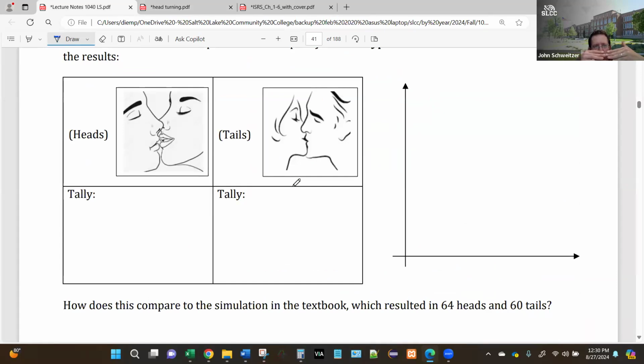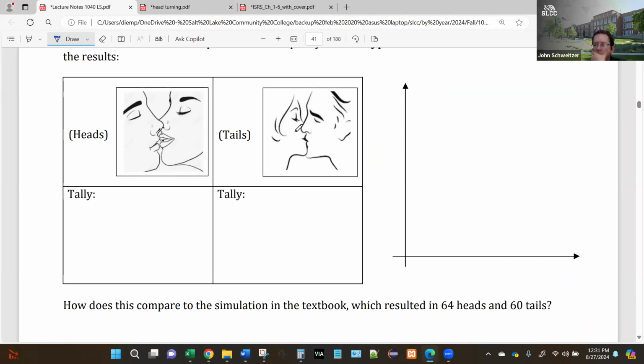If you look at this picture carefully, both of the people turn their head to the right. And over here, both of the people turn their head to the left to kiss. And that's how he got his data set.